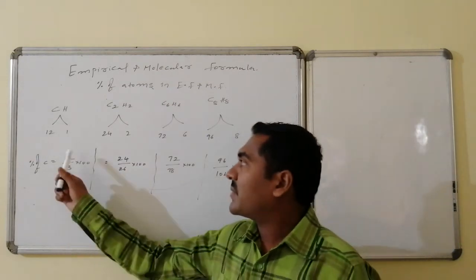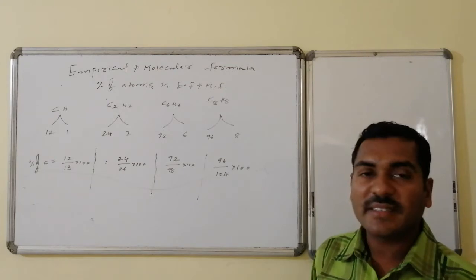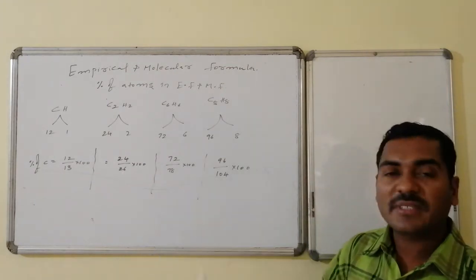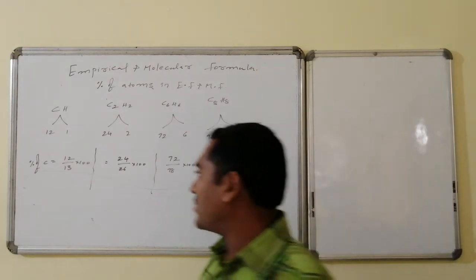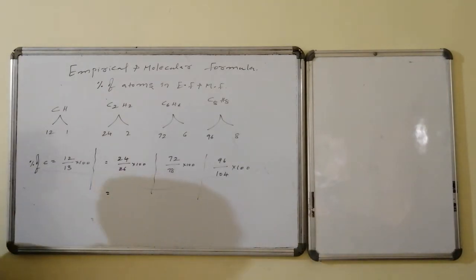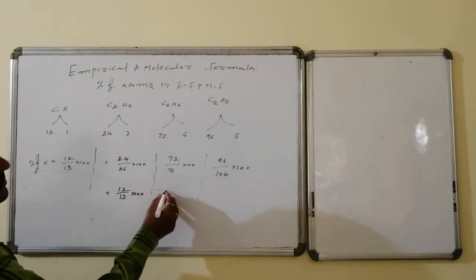The percentage of carbon by weight is 12 by 12 plus 1 into 100. Here 24 by 26 into 100, 72 by 78 into 100, 96 by 104 into 100. If I divide by 2, it becomes 12 by 13 into 100.